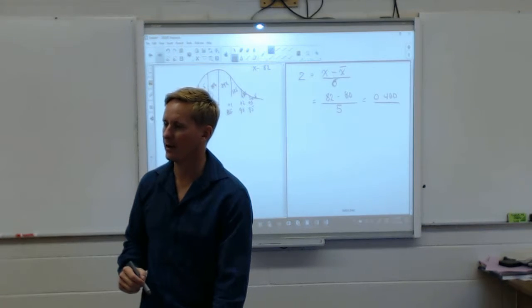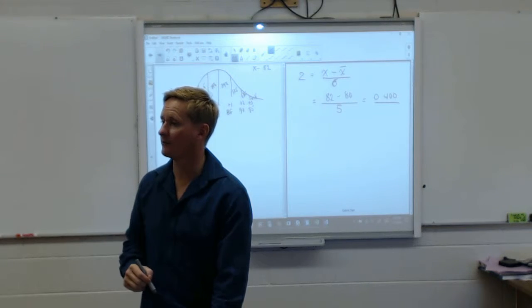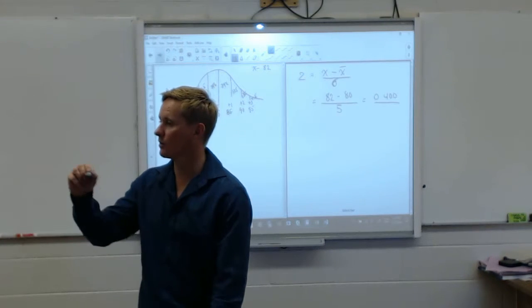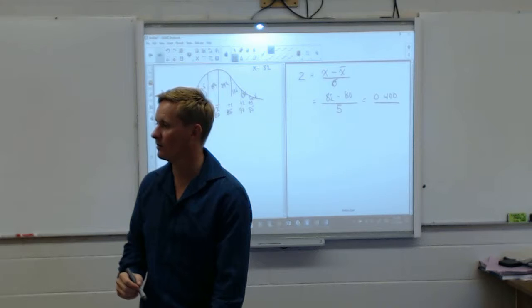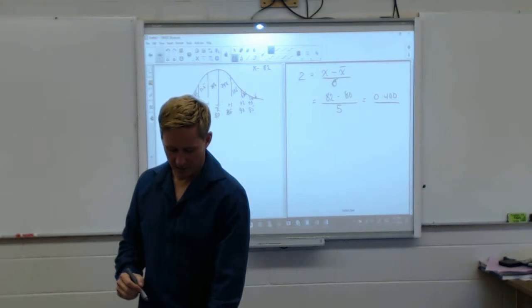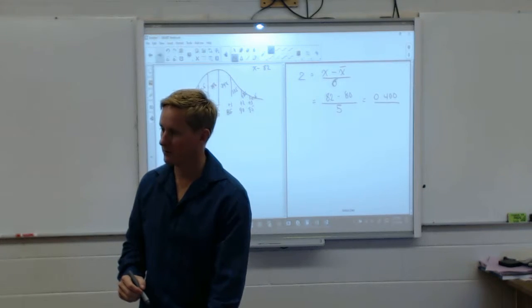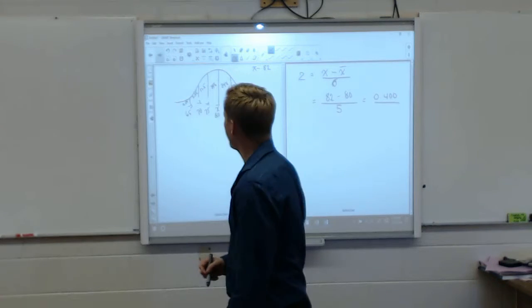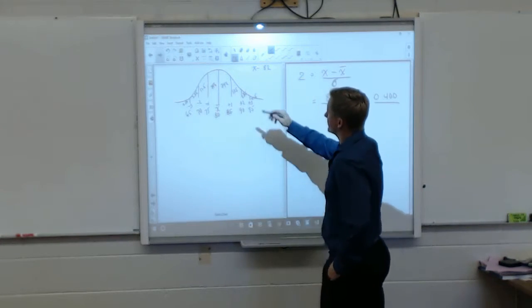That's because you're not paying attention. Go down the margin on the left to 0.4, the other page, the positive one. And now go across the top to 00, right? And what's the value? 0.6554.